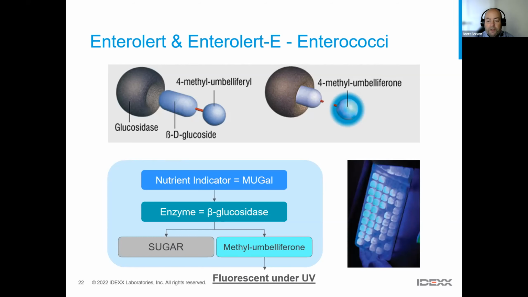So beta-glucosidase is also known as esculinase, and it breaks down esculin. The indicator, the nutrient indicator present in Enteralert and Enteralert E is called MuGal, and the beta-glucosidase breaks that down into the sugar and methyl umbelliferone. So those fluoresce under UV light when we have enterococci in the sample.